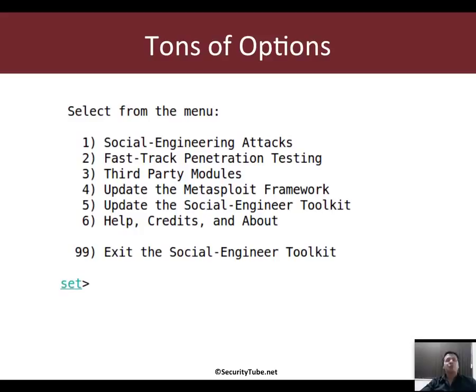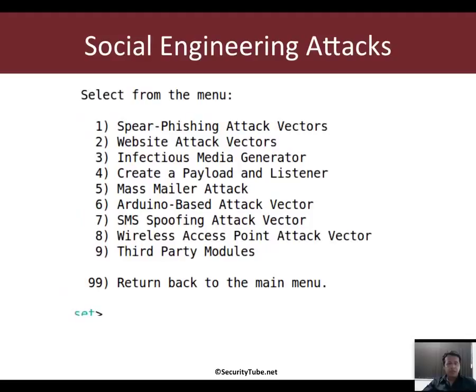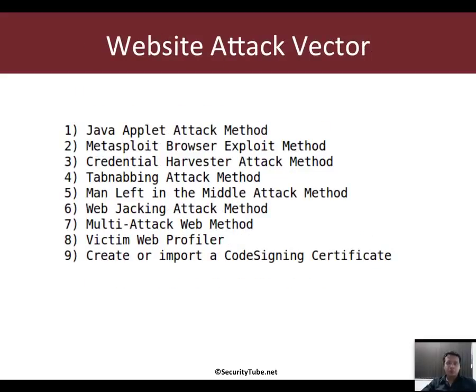This tool has tons of options. When you start, you have social engineering attacks, and you have Fast-Track, which is another tool with which you can quickly break in and do a bunch of other stuff. If you go to the social engineering attacks menu, you will find a lot of options. The one we will take up in this video is the Java Applet attack under website attack vectors.